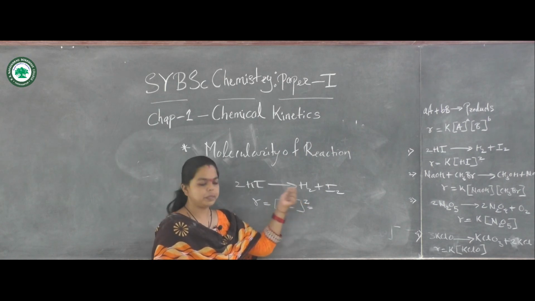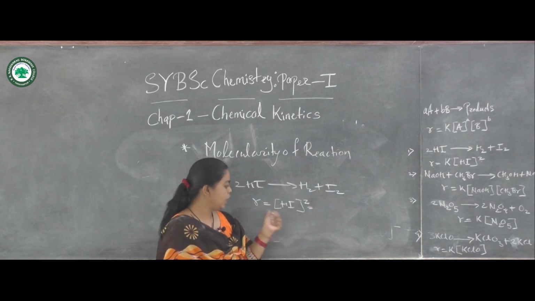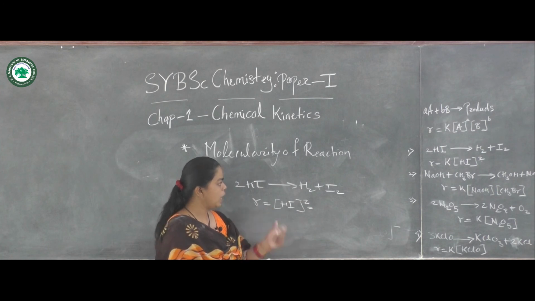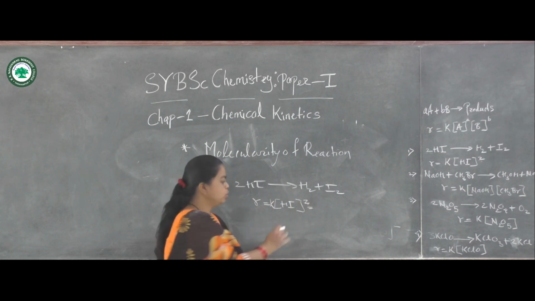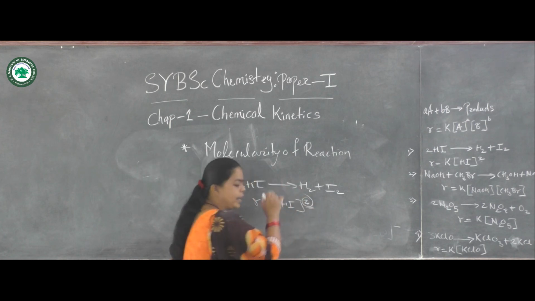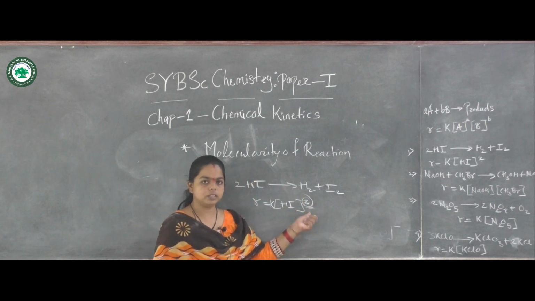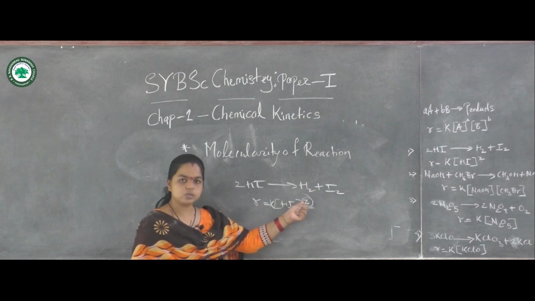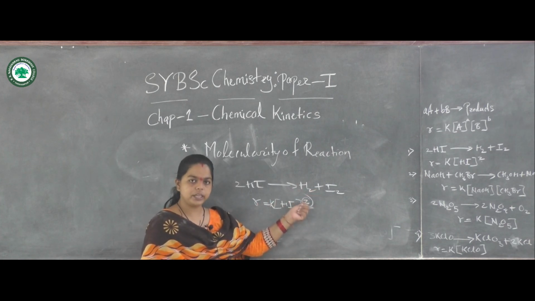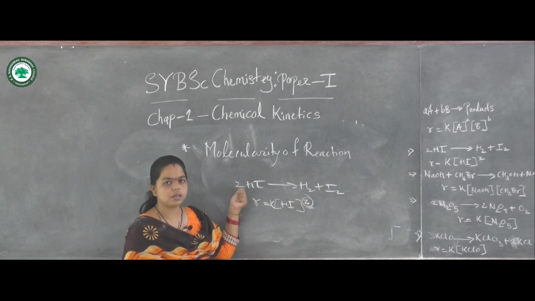So this is the experimentally determined rate equation, and the rate is given as R equals k into [HI] raised to 2. So this 2, which is the exponent, is called the order. So for this reaction, order is 2. So it is a second order reaction, and molecularity is also 2.